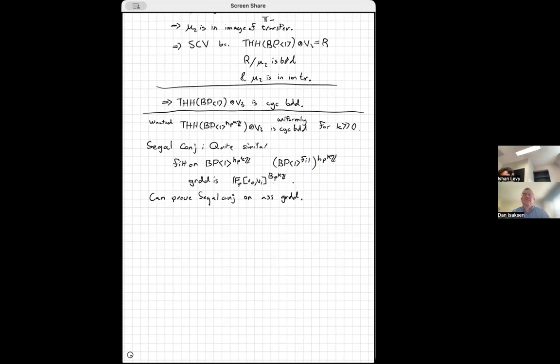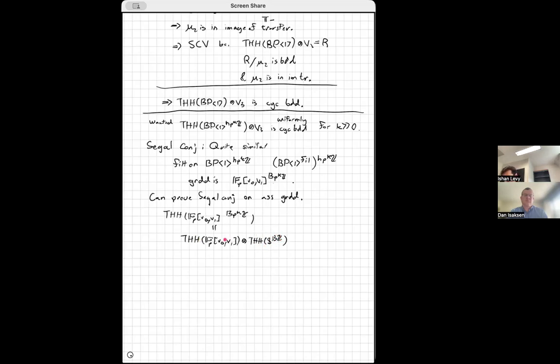So what is THH of this, FP adjoin V0, V1, BP to the KZ? Well, it's just THH of FP adjoin V0, V1, and then you tensor with the THH of the sphere to the BZ, which is this thing that we studied in the second lecture.